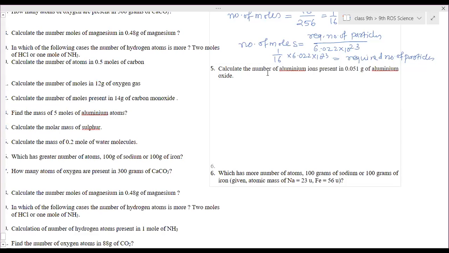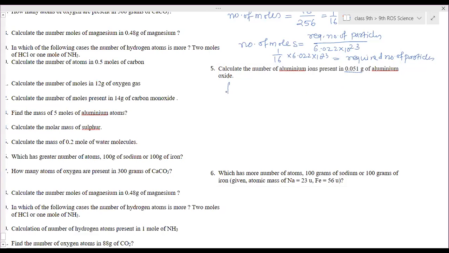What they have asked: you have to calculate aluminium ions in these grams of aluminium oxide. Just like here calcium carbonate was there: how many atoms of oxygen are present in 300 grams of calcium carbonate, right? So here first we have to calculate in these many grams of aluminium oxide, how many aluminium oxide molecules are present, that we will calculate first.